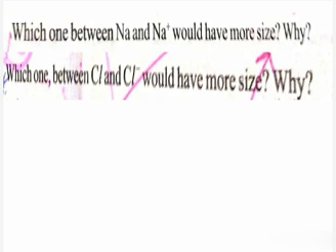Therefore the size of the chlorine atom is less when we compare it with the Cl minus ion. In general, the negative ion, the anion of an element, has a bigger size than the neutral atom.